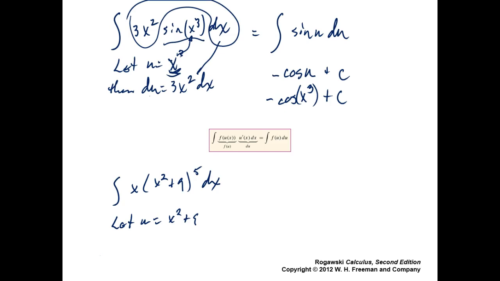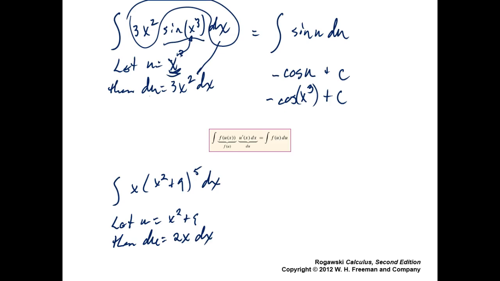The most complicated part is the 5th power, the outside part. Choose the inner part of that. So let that be our u. And what's the next thing you determine? Then du is equal to what? 2x dx. Very good.